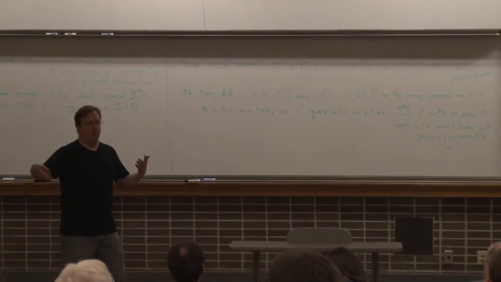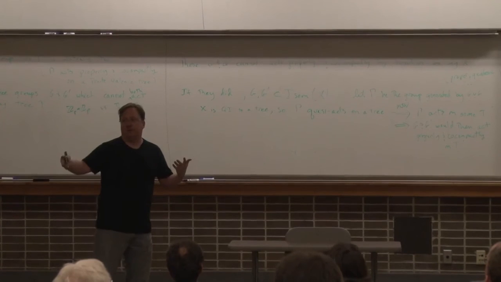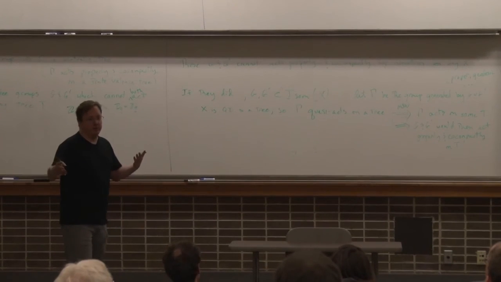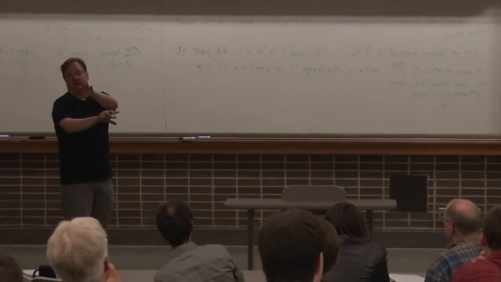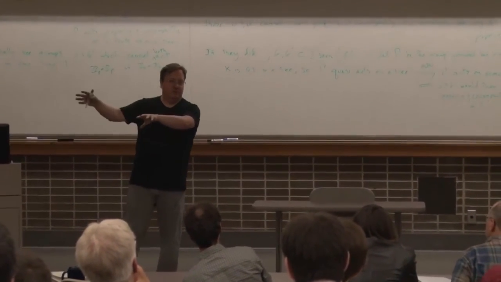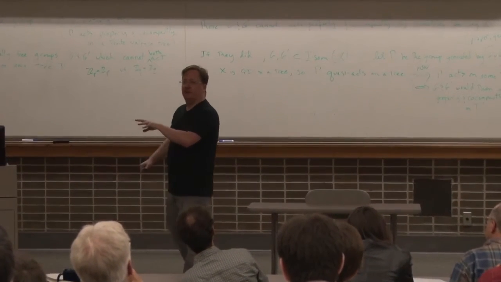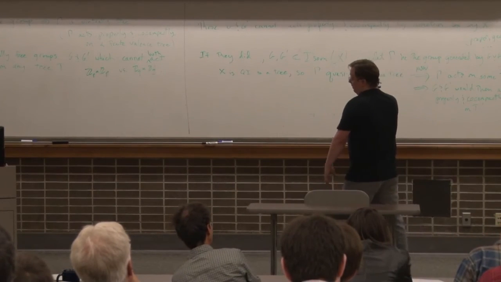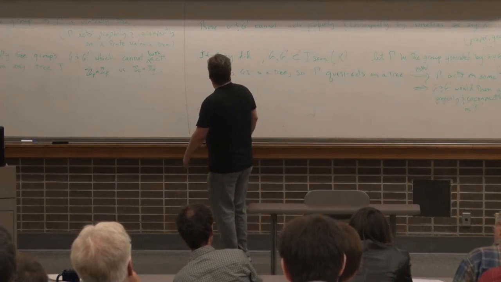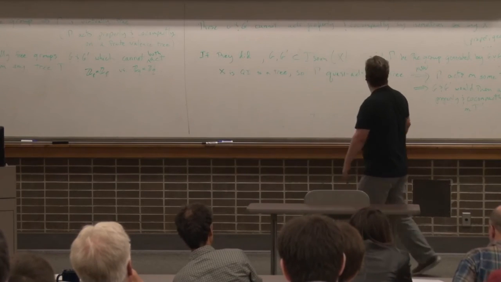Somehow, any more free producting doesn't change the large-scale geometry anymore. Same with surfaces, right? You have the sphere, and then the torus, and then the surface of genus 2, and more handles don't really make a difference from a large-scale picture. And somehow this Baumslag-Solitar thing is a similar kind of case.